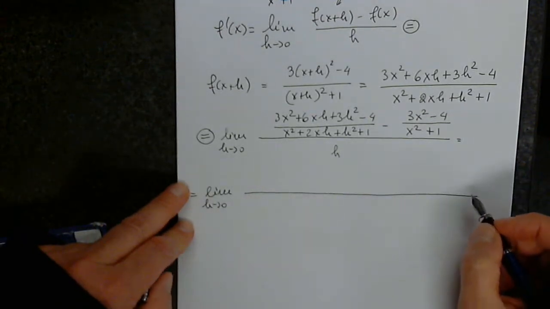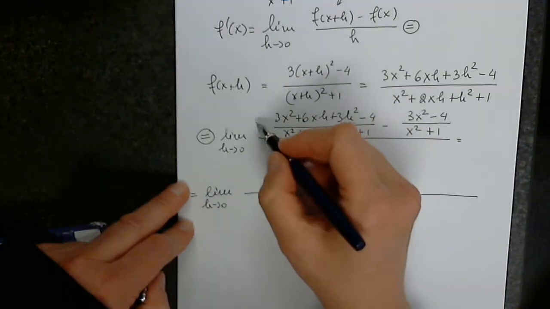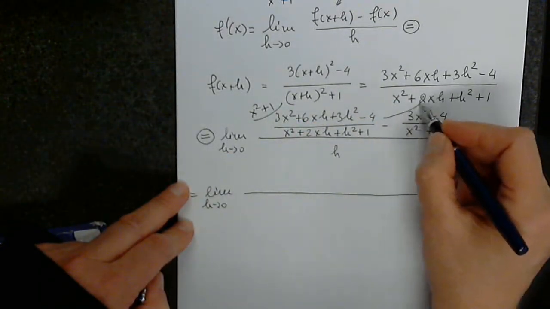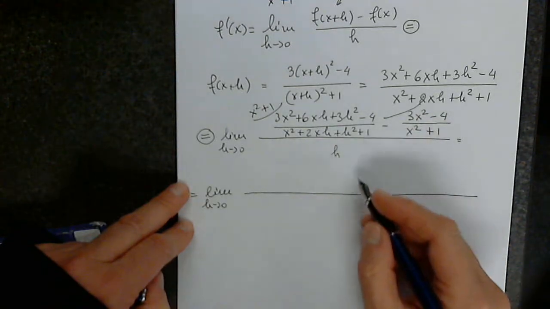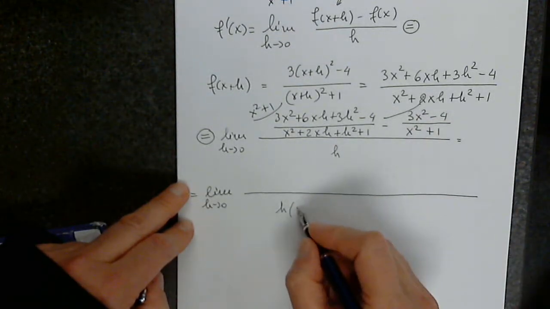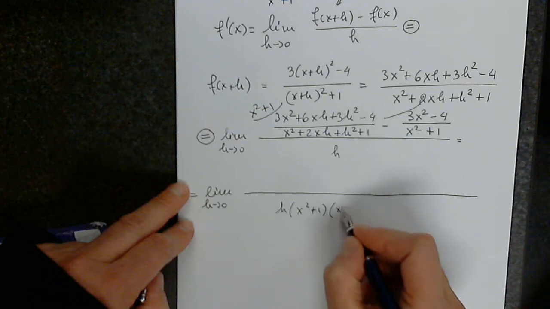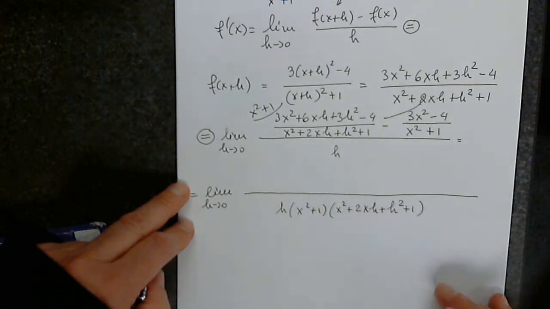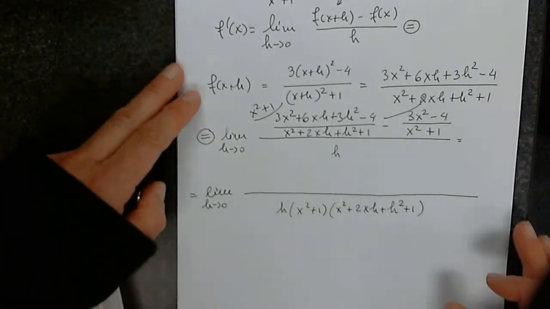Now this one needs to be multiplied by x squared plus 1. And this one needs to be multiplied by all this. And the least common denominator will be x squared plus 1 times x squared plus 2xh plus h squared plus 1. Of course, I already flipped because I want to write ones.